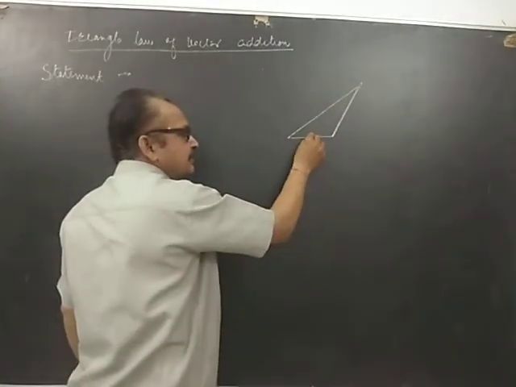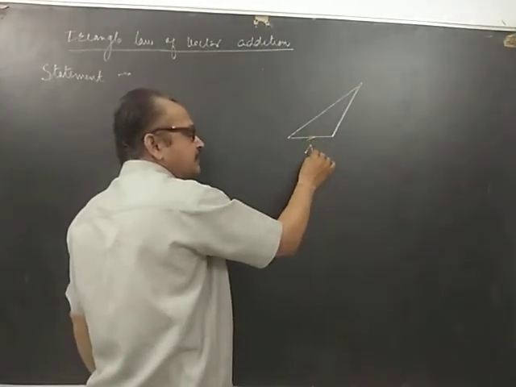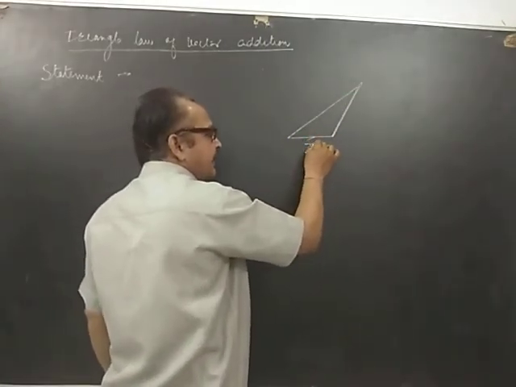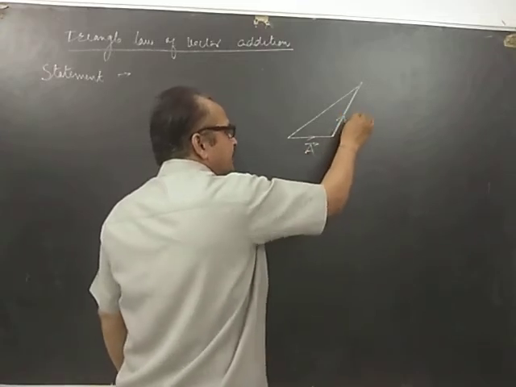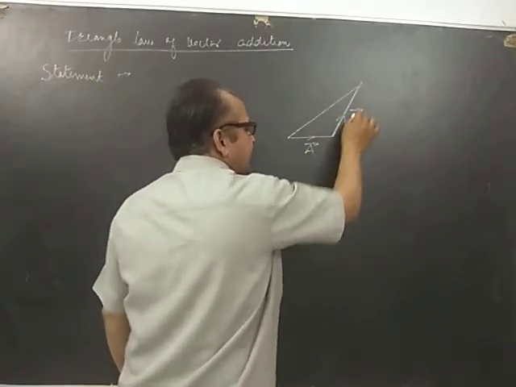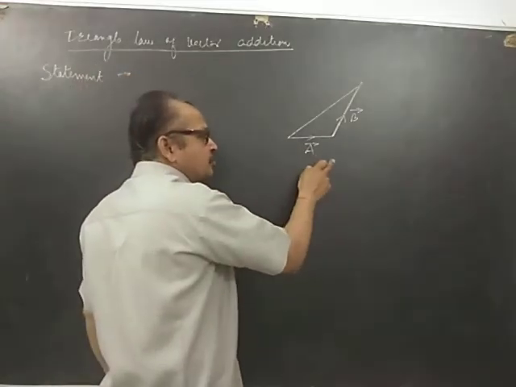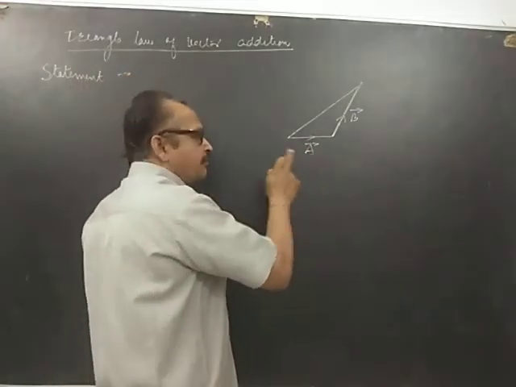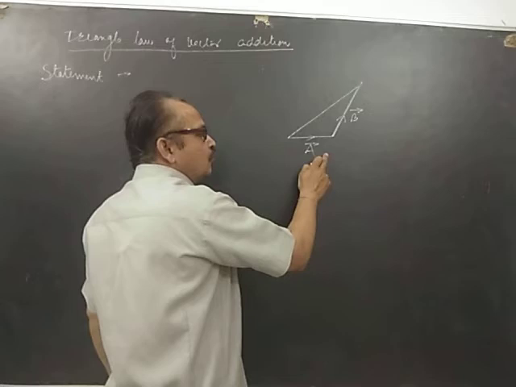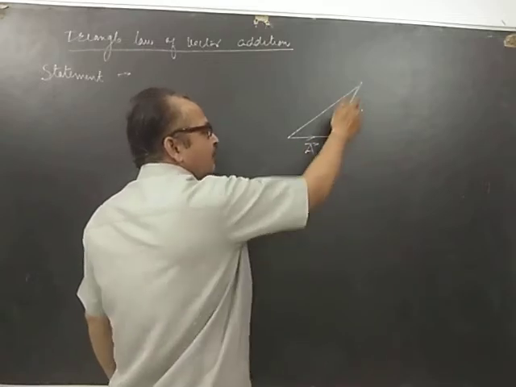Let us consider that there are two vectors, vector A and vector B, which are represented in magnitude and direction by the two consecutive sides of a triangle.